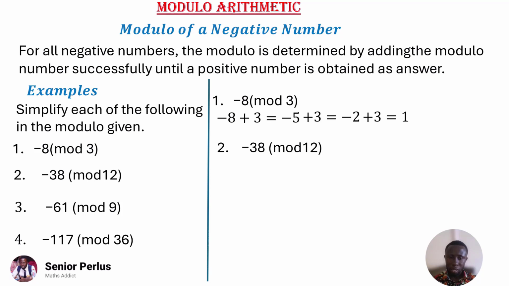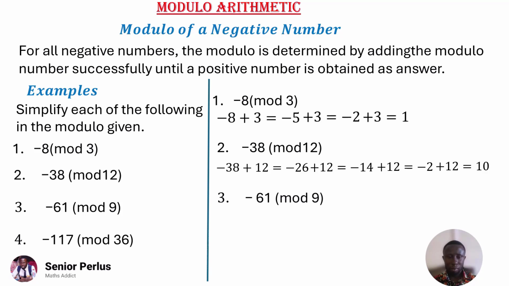Negative 38 plus 12 is negative 26, plus 12 is negative 14, plus 12 is negative 2, plus 12 is 10. And 10 mod 12 is 10. So the answer here is 10.